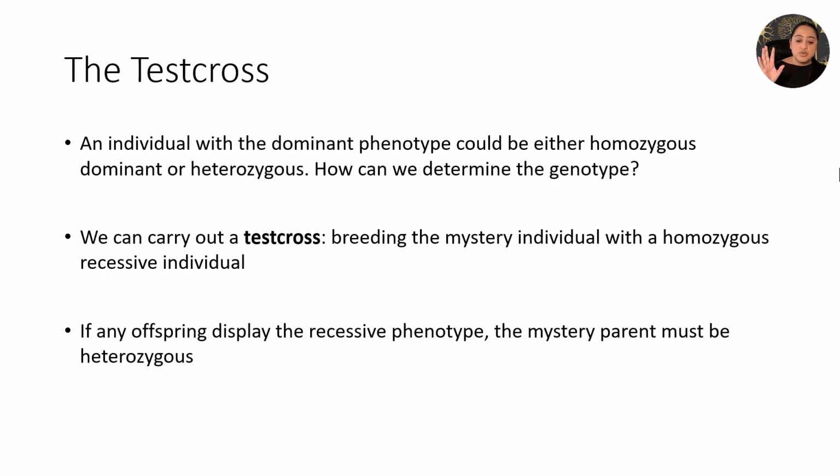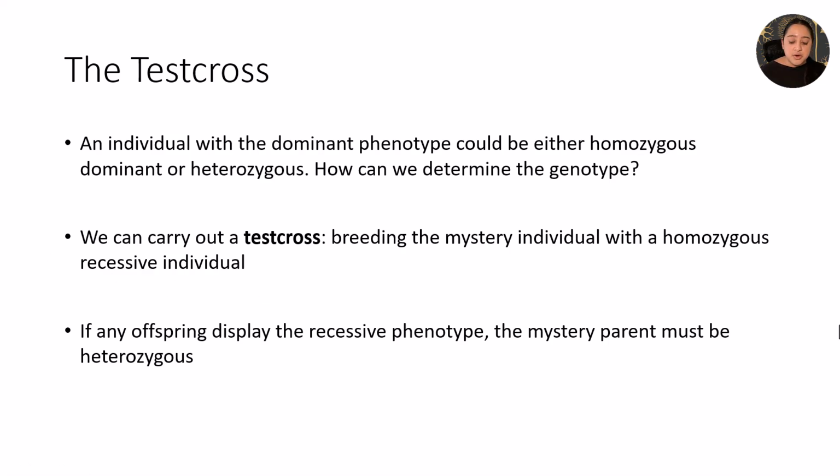Because if you mate this one with a homozygous recessive, it can go one of two ways. And that tells you what the genotype is, based on whether this pattern happens or this pattern happens. That will tell you what the mystery individual is after you cross it with a homozygous recessive individual.